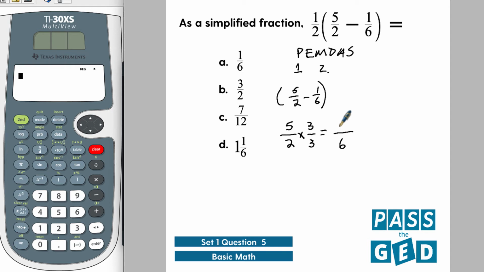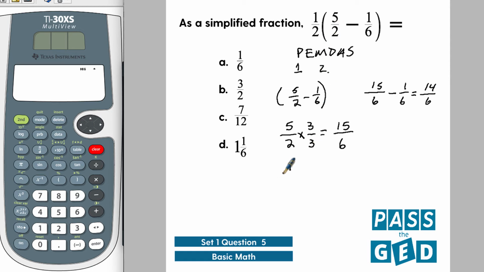So 5 times 3 is 15. So now we can put this back in here. So we have 15 over 6 minus 1 over 6, and that equals 14 over 6. All right, so that is in parentheses.